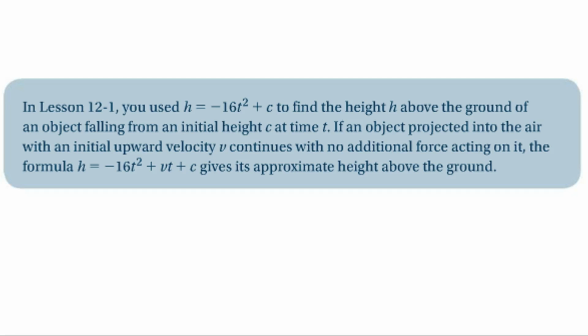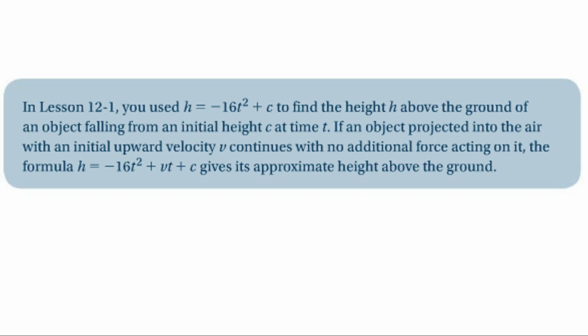All right, so in this section so far, we moved on from just graphing y equals ax squared to y equals ax squared plus bx plus c. And we're going to take that same idea to some word problems. We had word problems in 12.1, which were those falling object models, where we use that negative 16t squared plus c.